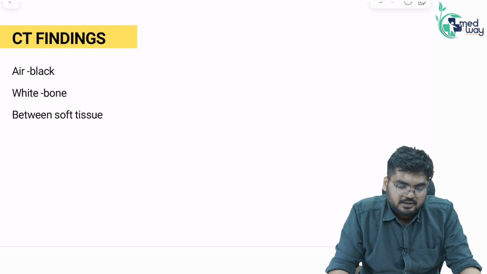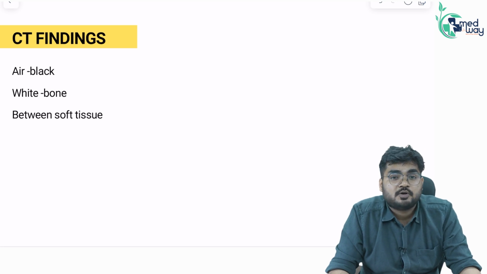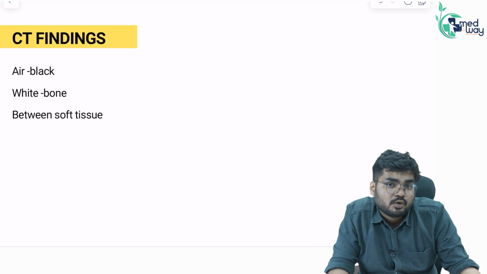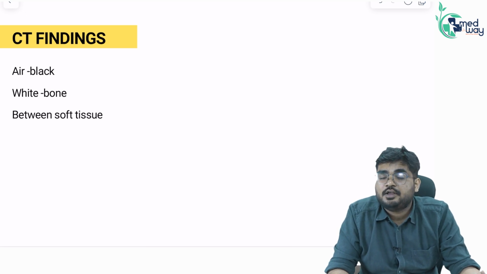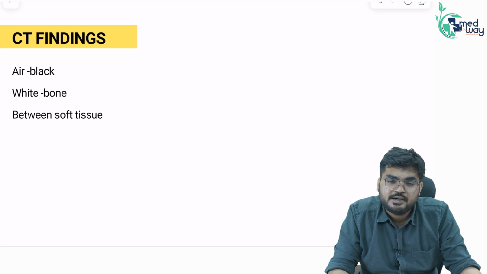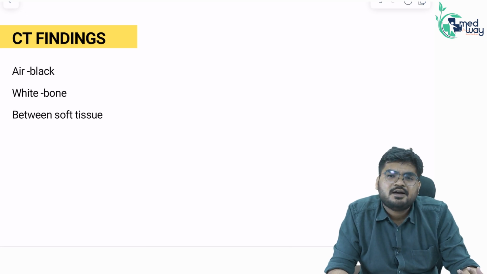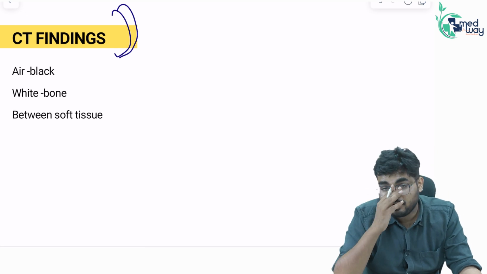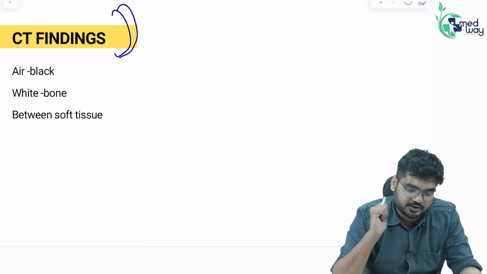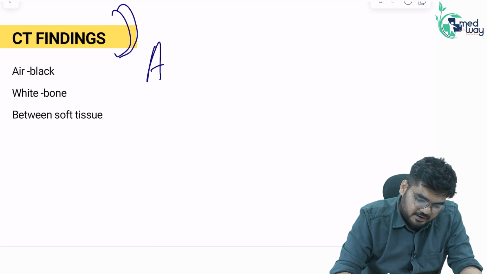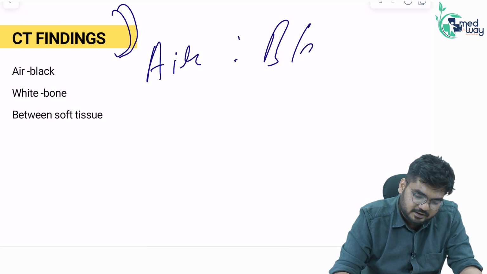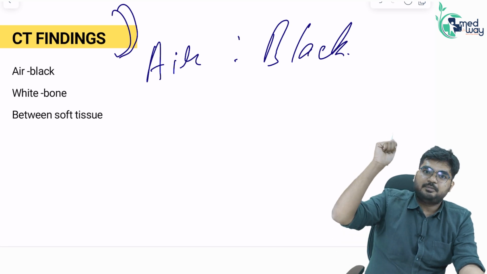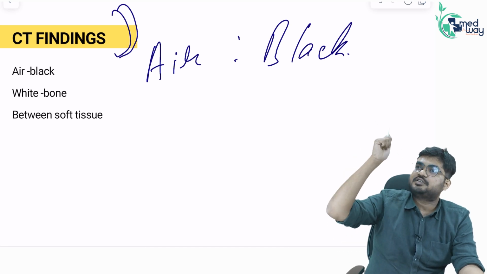Fine. Let us talk about the CT findings. How do the nose and paranasal sinuses look in CT scan? Bacho, if you read radiology, how I remember CT scan particularly: air is always black in color. Wherever you see complete black in a CT picture, that means air is there.